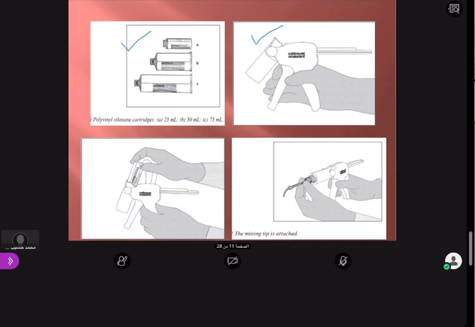Then we attach a nozzle or a mixing tip in front of these two cartridges. When we press the gun, the material present in both cartridges is dispensed into this mixing tip. In this mixing tip there are spirals which mix the material together, and then we directly load our tray with the help of this mixing tip.